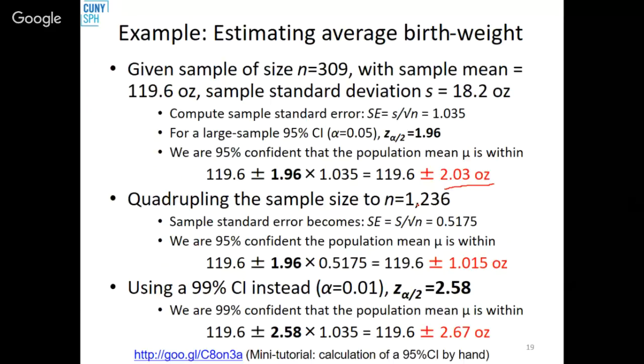So the mean of the sample, the point estimate, will always be the midpoint of the confidence interval. As long as we're dealing with a symmetric sampling distribution, such as the normal or the t-distribution, then the mean of the sample will be at the center of the confidence interval.